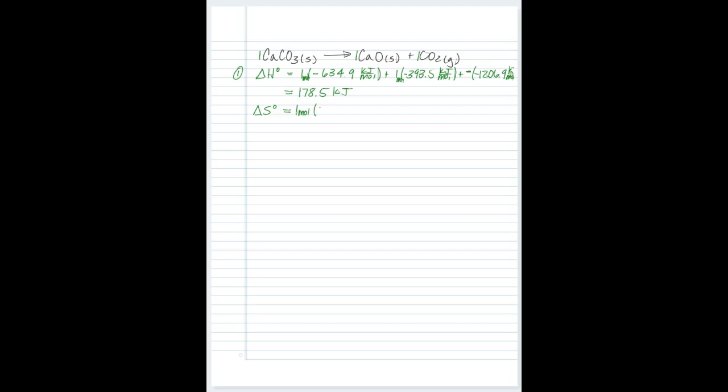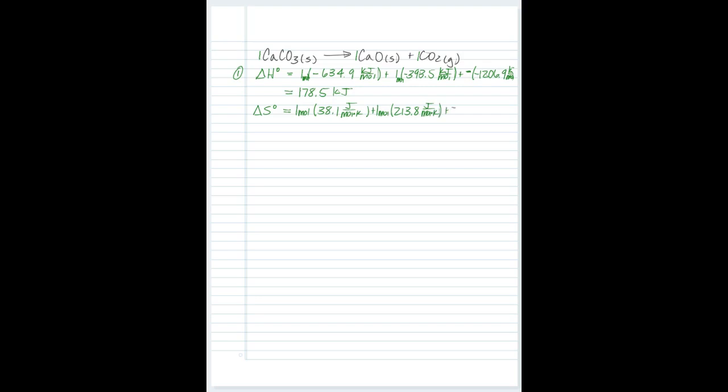Again, we have 1 mole of the calcium oxide, which is 38.1 joules per mole Kelvin. And we're going to add that to 1 mole for the carbon dioxide, which is 213.8 joules per mole Kelvin.